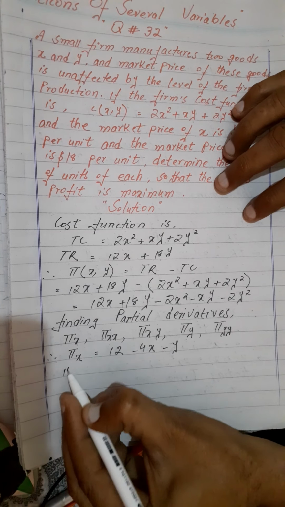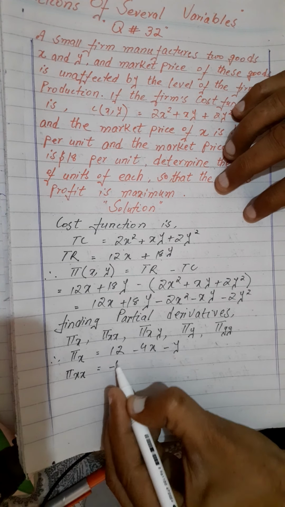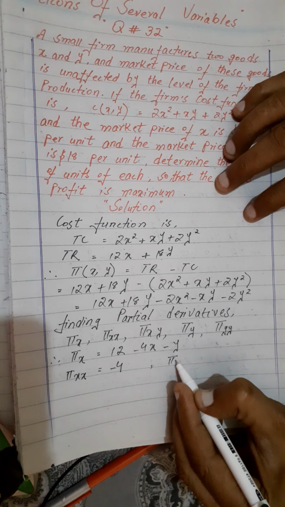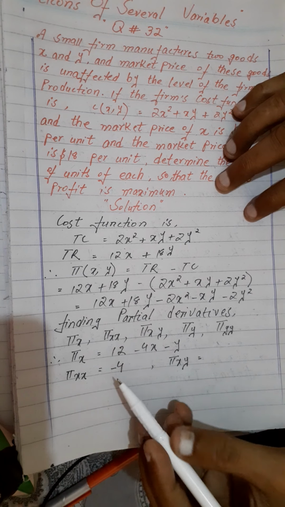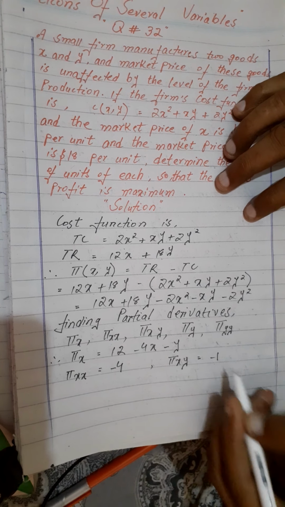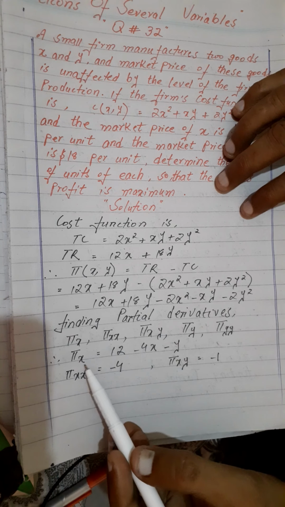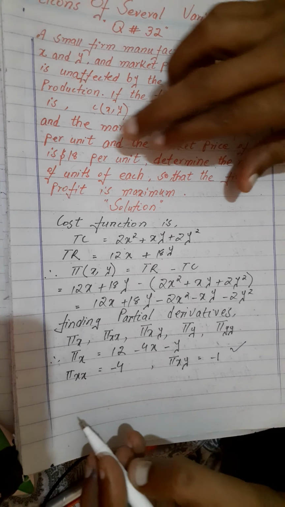Then the second order partial derivative with respect to x will be minus 4, and the second order partial derivative xy will be minus 1. I have partially differentiated pi x with respect to y to obtain pi xy.